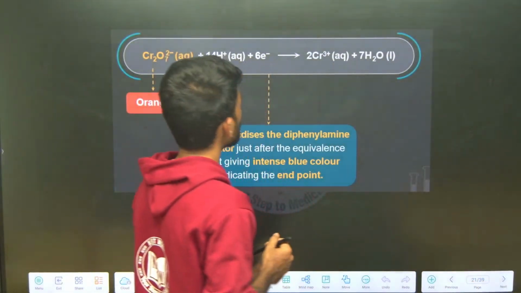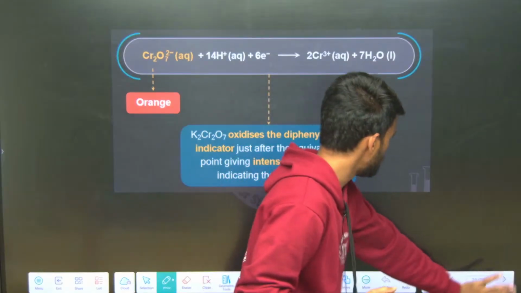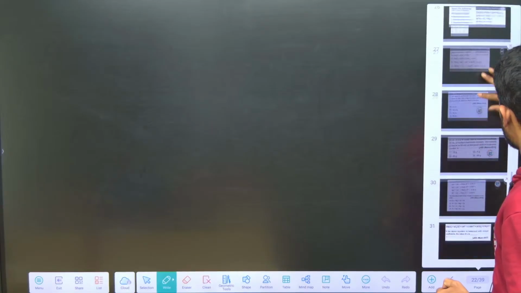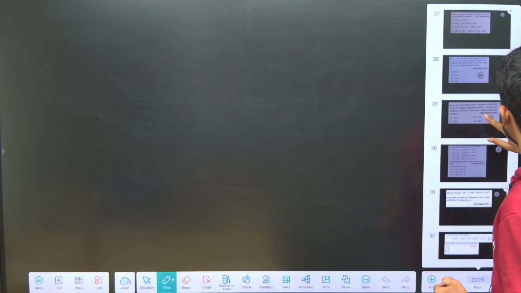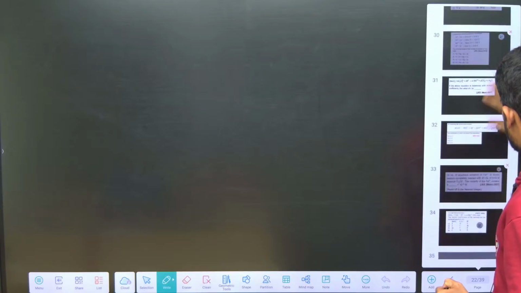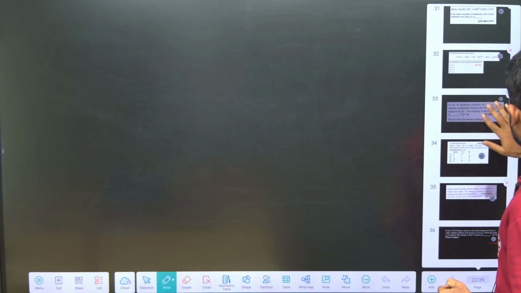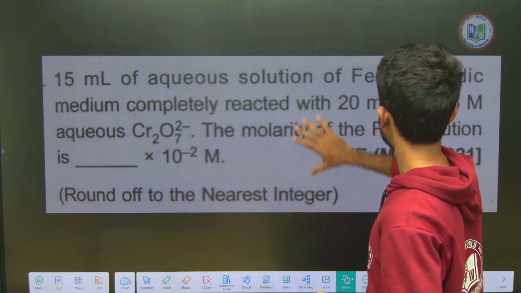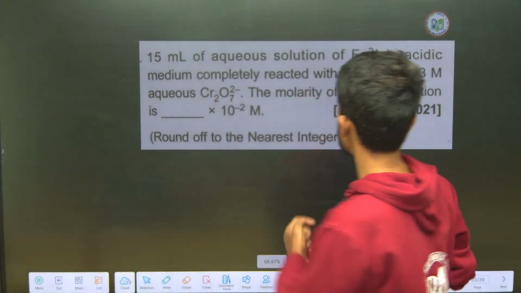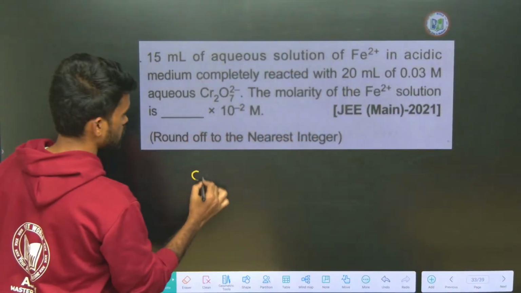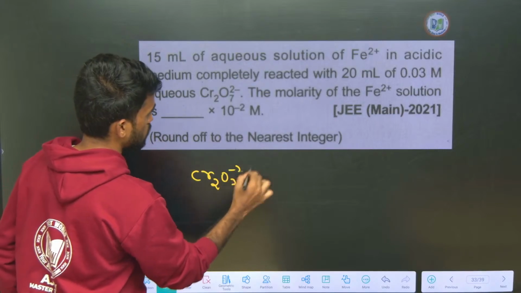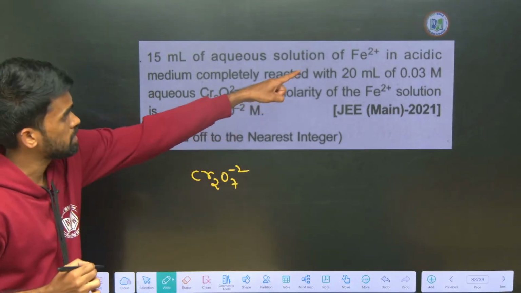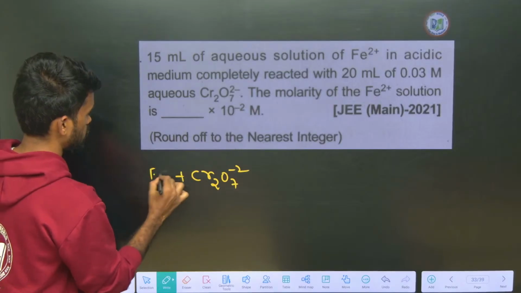Okay, so now look at this, this is what we have next. Answer this question. This is dichromate only now, Cr2O7, like this we have. And what is the metal we have here? Iron, +2.